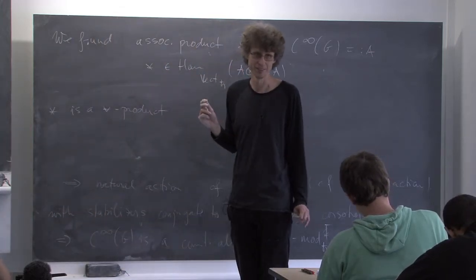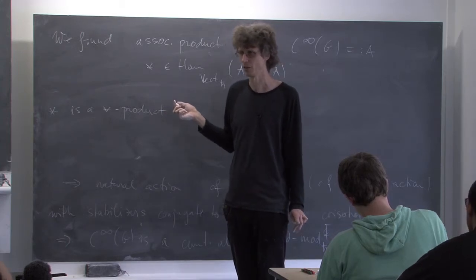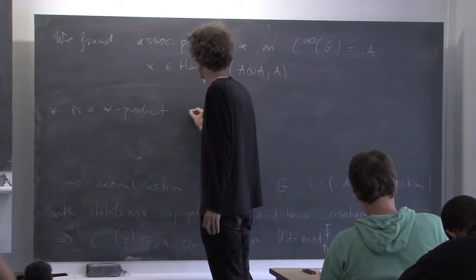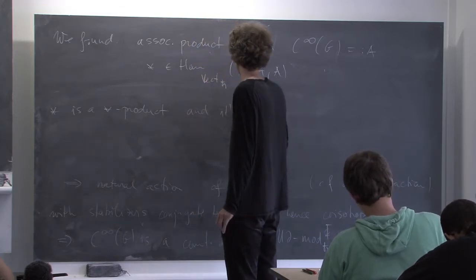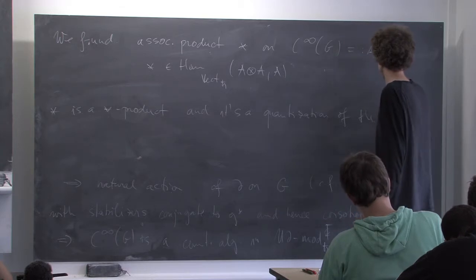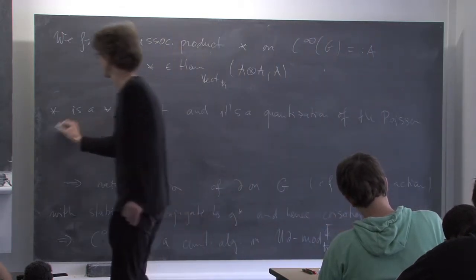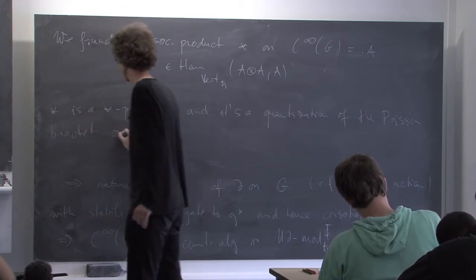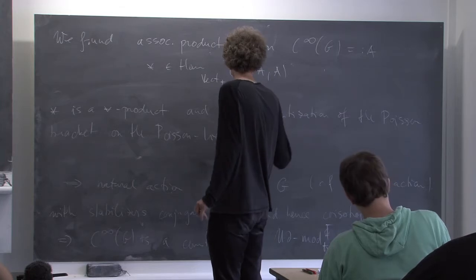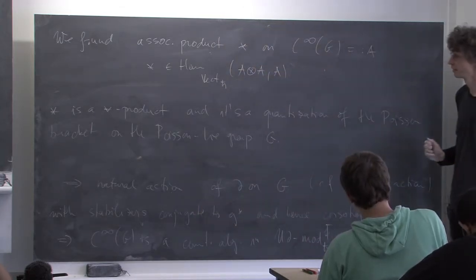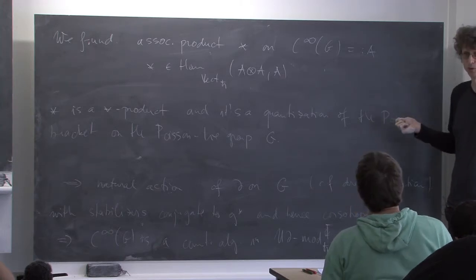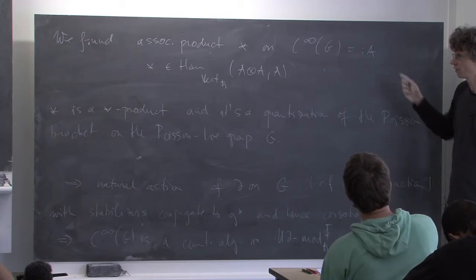And in fact, as you might have imagined, it's a deformation quantization of the Poisson structure on the Poisson Lie group, a quantization of the Poisson bracket on the Poisson Lie group G. Okay, so we just found a deformation quantization of those Poisson structures. Sure, one needs to verify that stuff.